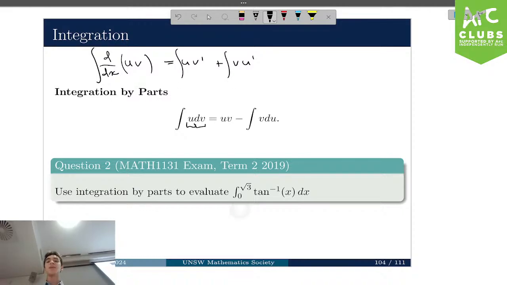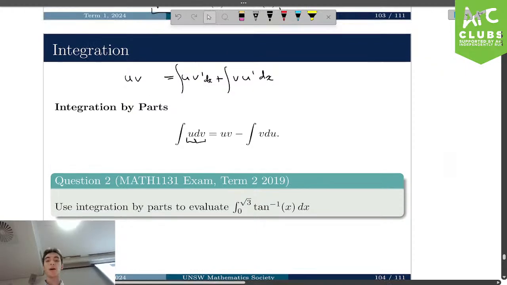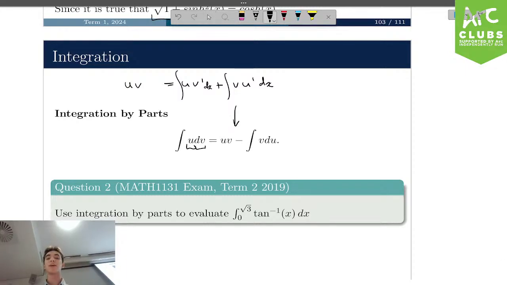What happens here is that the integral and the derivative cancel out on this side, so we're just left with uv. On this side, we've got these integrals of the products of our two functions. And if you rearrange it, you do get this identity. All you're doing is subtracting one of them from both sides.